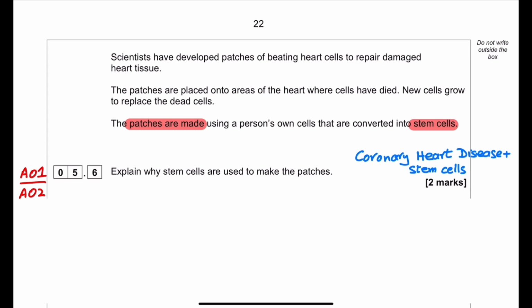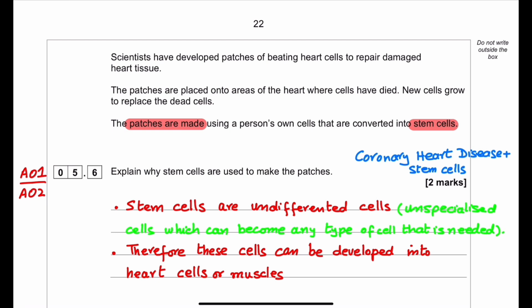The advantage is they can convert into any kind of cell in the body. Let's see the model answer. The model answer is: stem cells are undifferentiated cells, meaning unspecialized cells, which can become any type of cell that is needed. Therefore, these cells can be developed into heart cells or muscles.